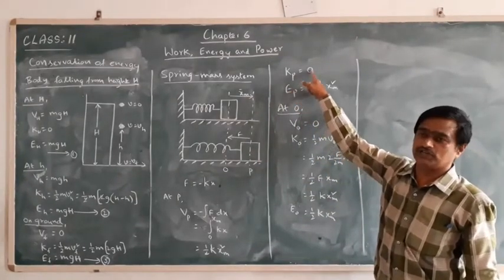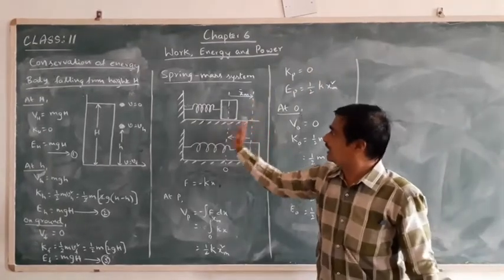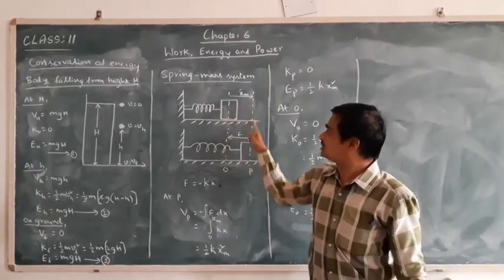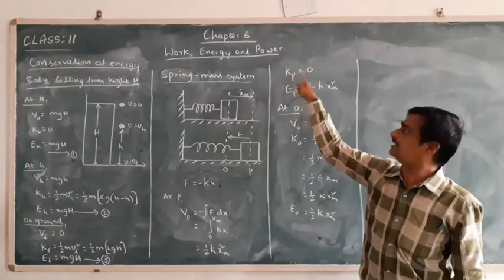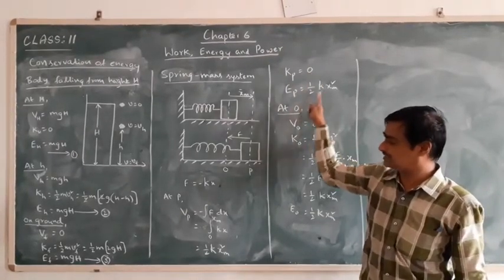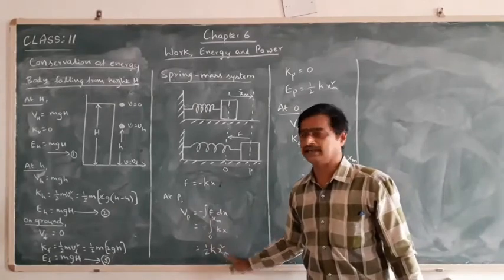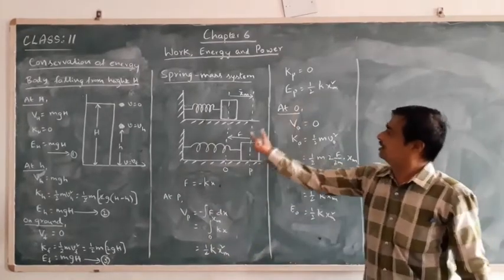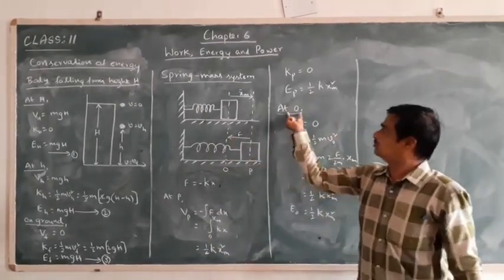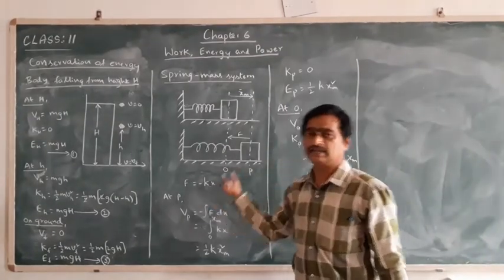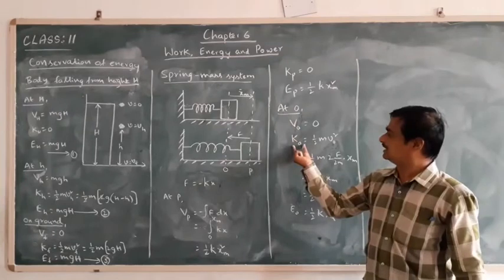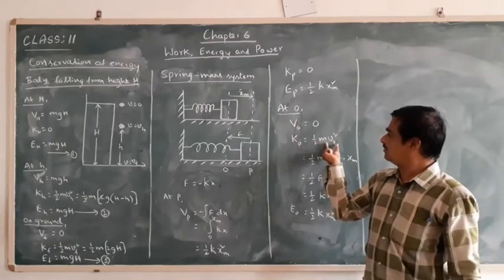At this extreme position, as it is going to stop and come back, its velocity is 0, so the kinetic energy is 0. Then the total energy becomes the potential energy. Now, at the equilibrium position O, the potential energy becomes 0 because there is no displacement. Then the kinetic energy is half m vo square.